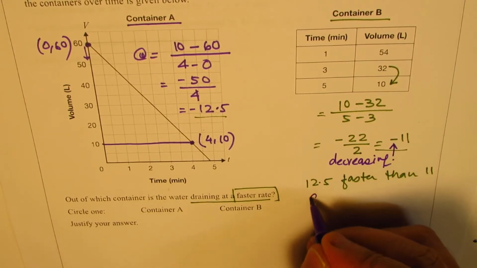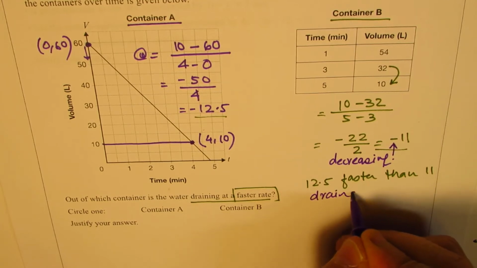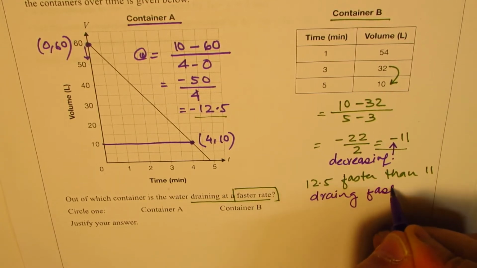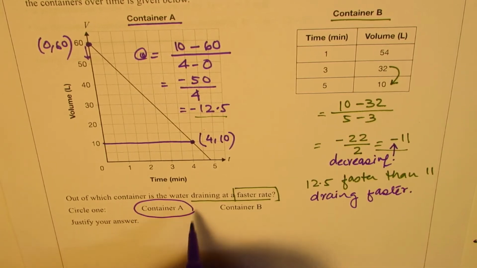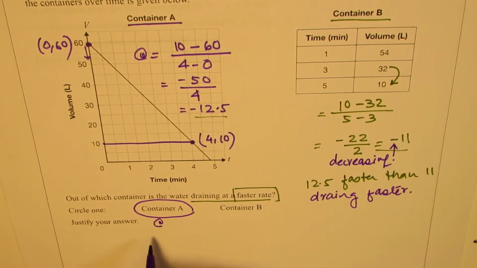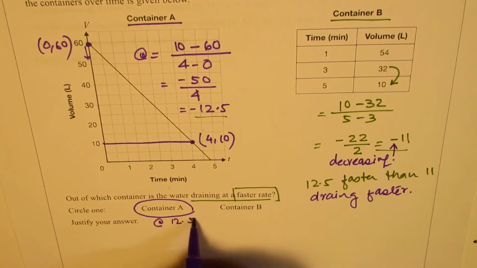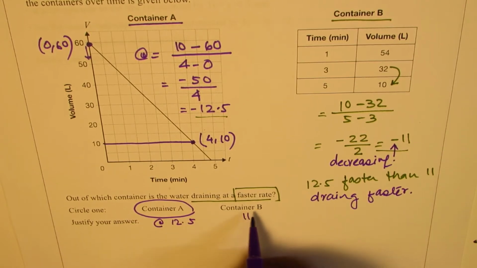So draining faster. Does it make sense? So container A is draining faster since it goes at the rate of 12.5, and container B is going at the rate of 11. Liters per minute is the unit.